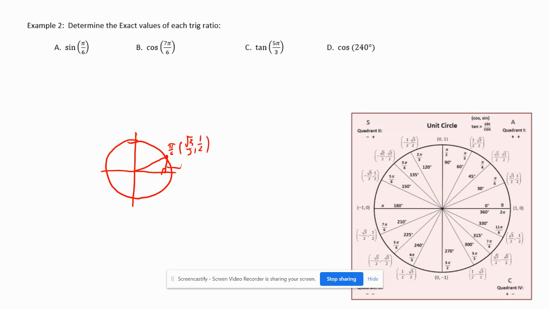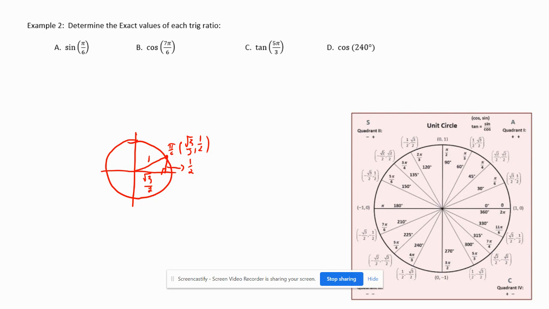That means the y-coordinate is 1/2 from here to here, and from here to here is root 3 over 2. The radius on the unit circle is always going to be 1. So if we ask you for sine pi over 6, we're doing y over r, and on the unit circle, r is always 1.